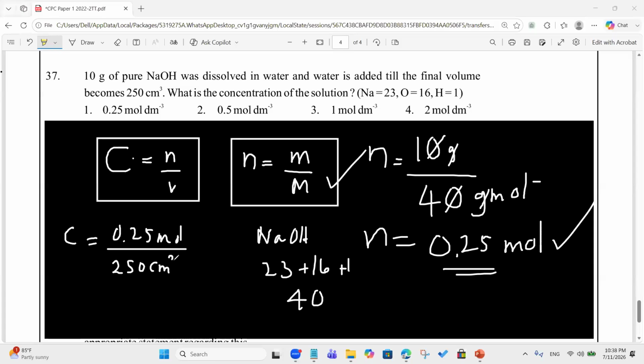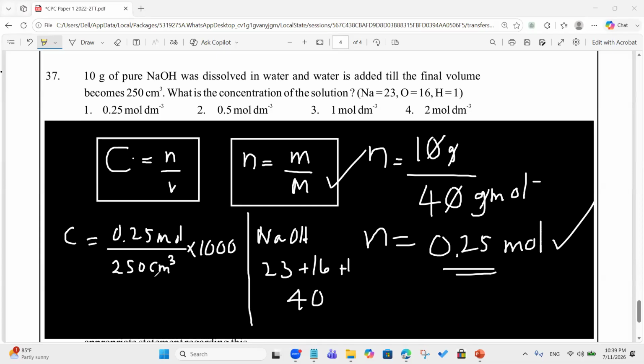Okay, now there's a problem, because the answers are given in decimeters. To convert cubic centimeters into cubic decimeters, we have to divide this by 1000, right? Division by 1000 is the same as multiplying by 1000, because through the calculation you can understand these are the same, right?